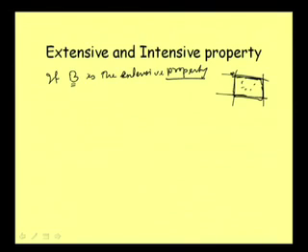If B is the extensive property, and if we use the symbol beta for intensive property, then intensive property, if we use the symbol beta, means the amount of extensive property.